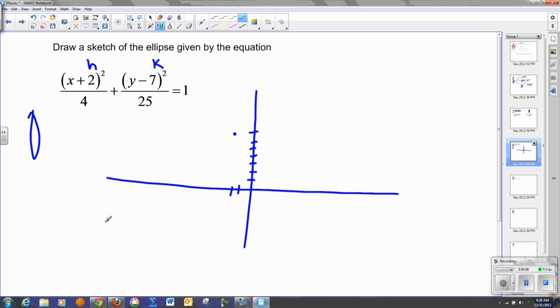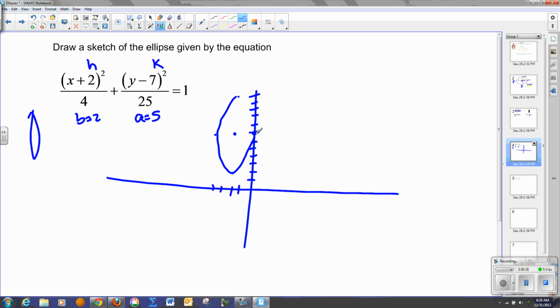Now, since this is a vertical major axis, and I know my a value is 5 and my b value is equal to 2, I move up and down 5 from that point. So if I go up 1, 2, 3, 4, 5, put a dot here, go down 5, put a dot there, over 2 puts me on this axis, and over 2 puts me somewhere over here, and now I create this oblong figure.